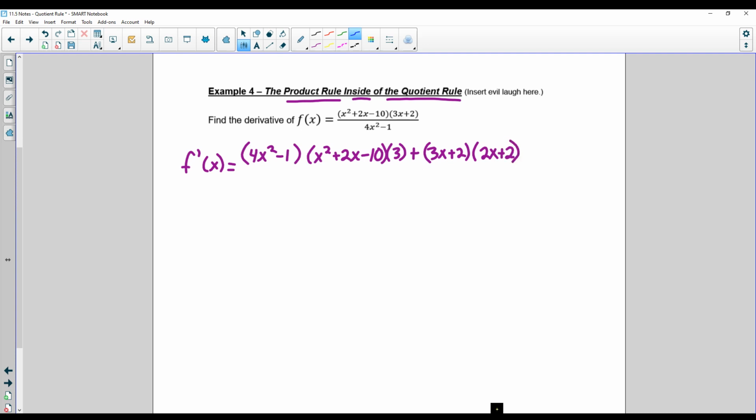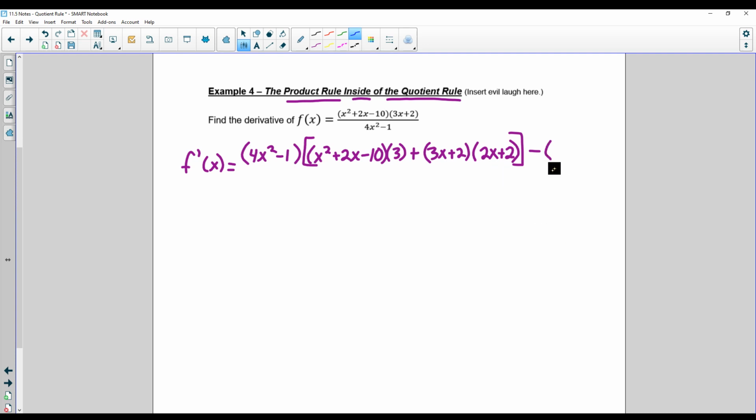All right, and so we got first d last plus last d first. All I've done so far is taken care of low, d high in the quotient rule. And I have to do minus, high, d low. Oh goodness, I'm going to run out of room completely.